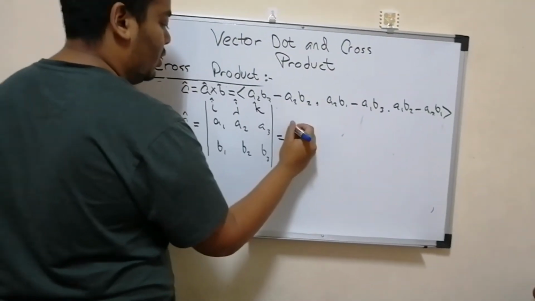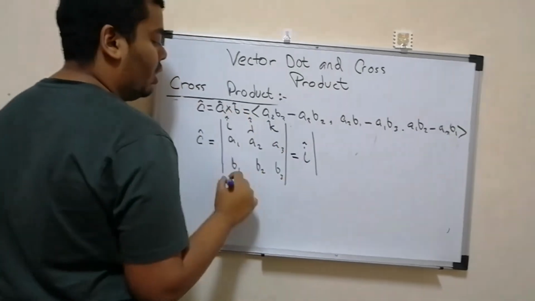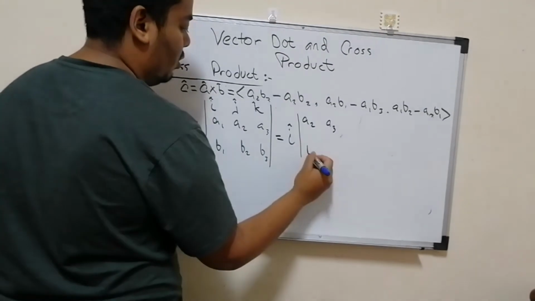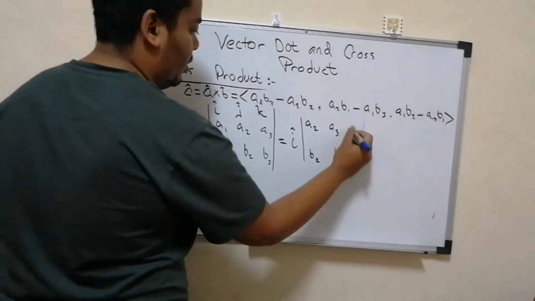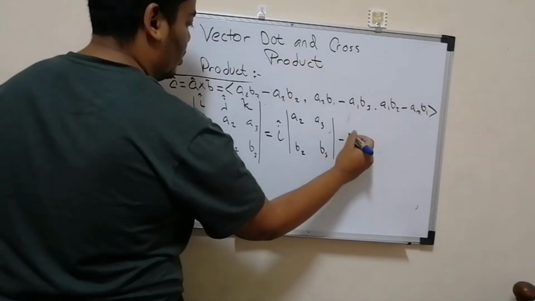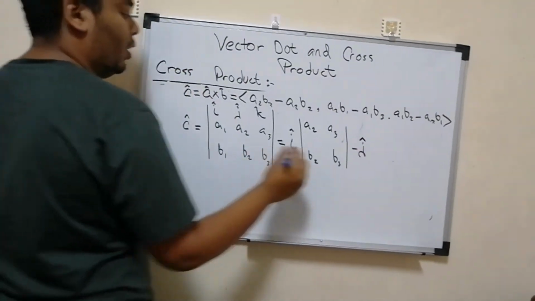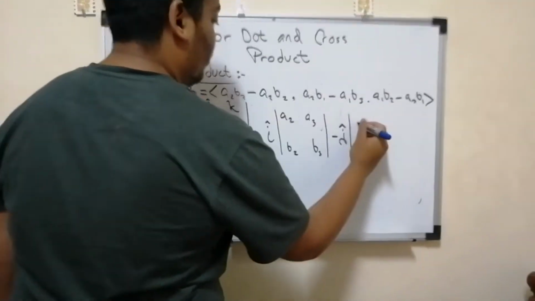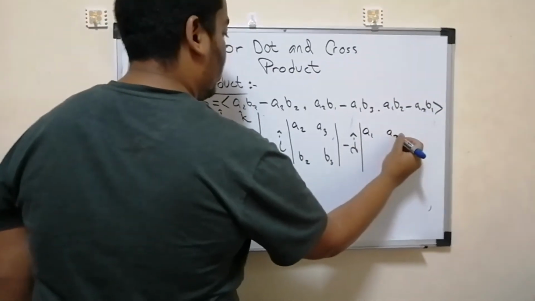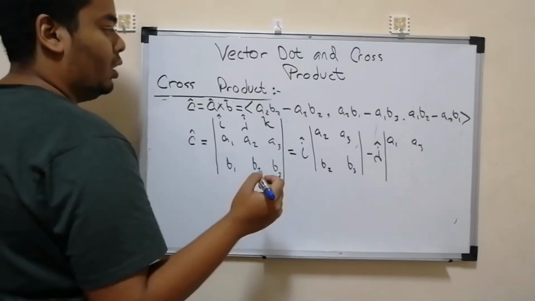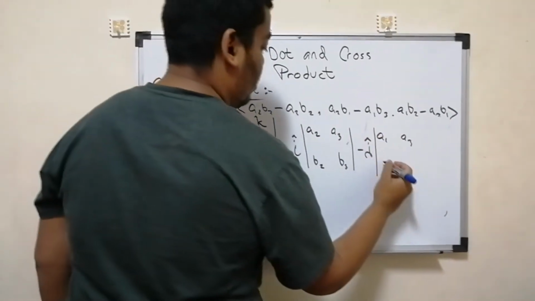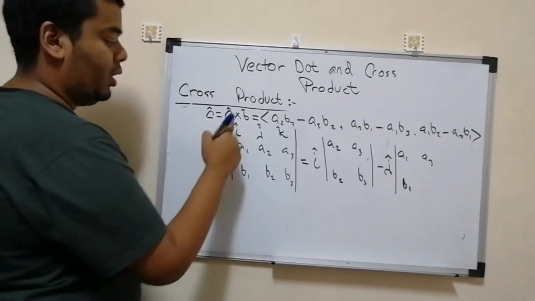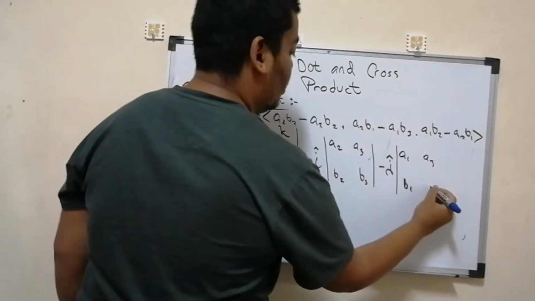We'll have I, and we'll cover I. We'll have A2, A3, B2, B3 minus J, and then when we cover the column and row of J, we will have A1, A3, B1 and B3.